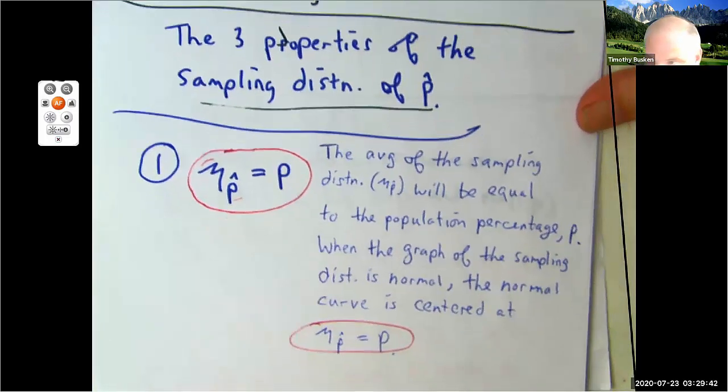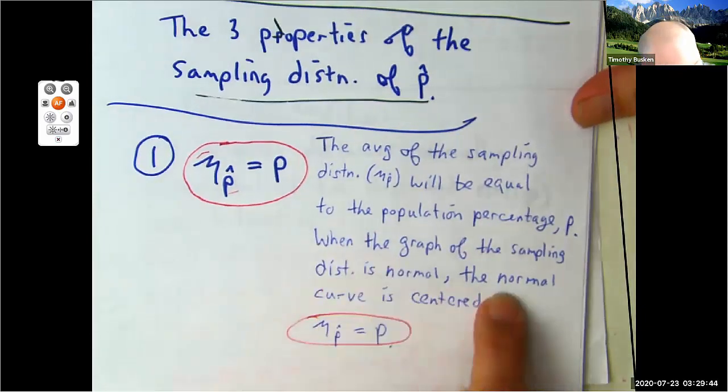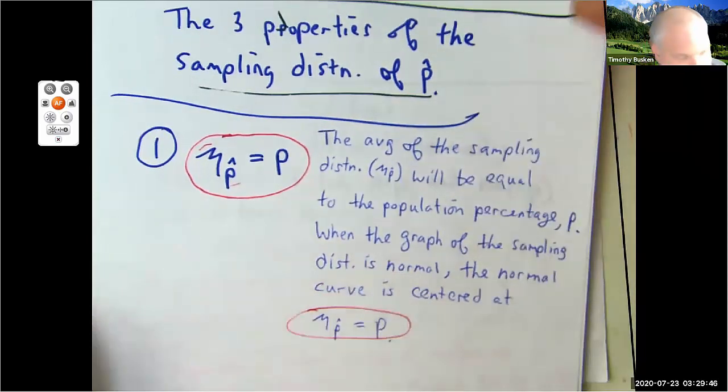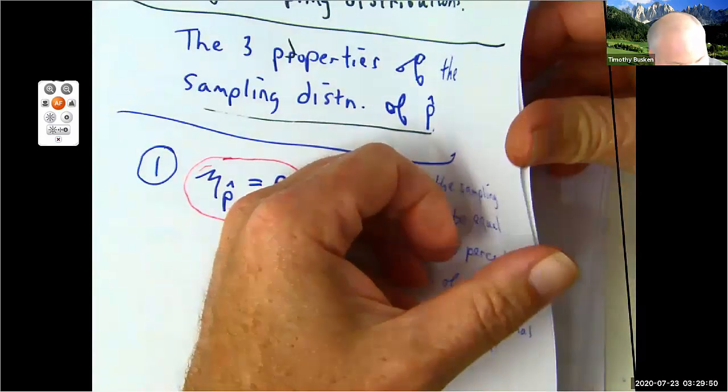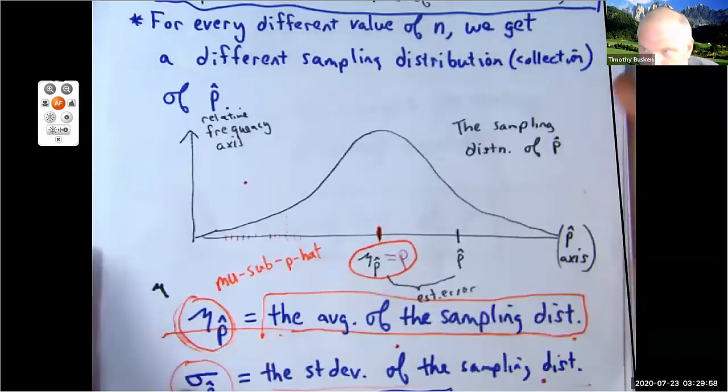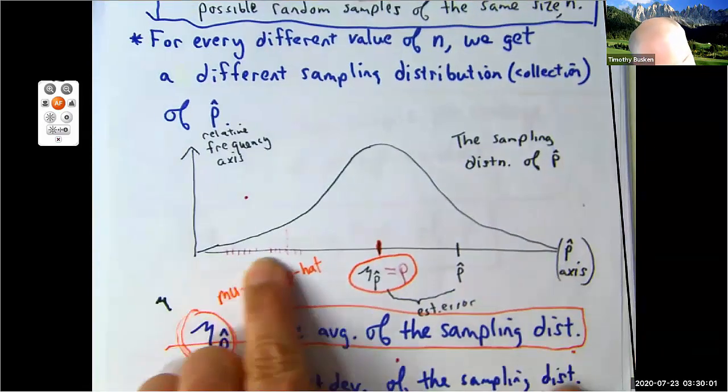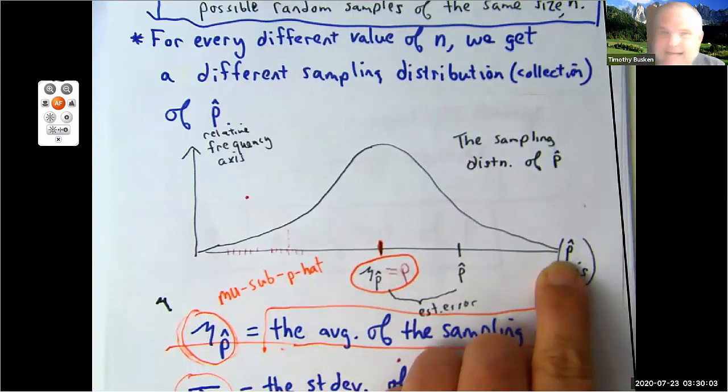And moreover, when the graph of the sampling distribution is normally distributed, the normal curve will be centered at mu sub p hat equals p. So the graph of that looks like this. It's the graph of a normal curve, and the x-axis is now going to be a p hat axis.